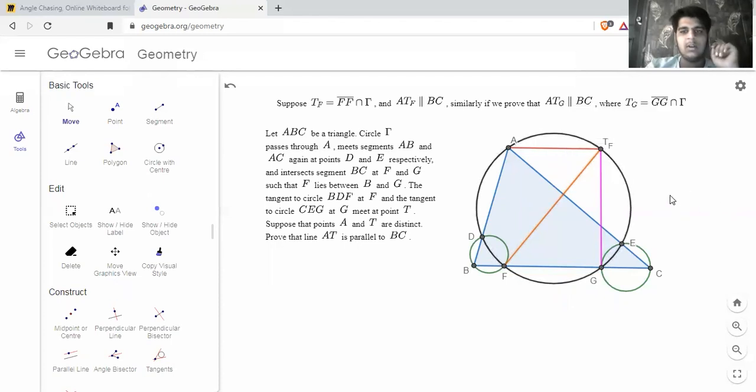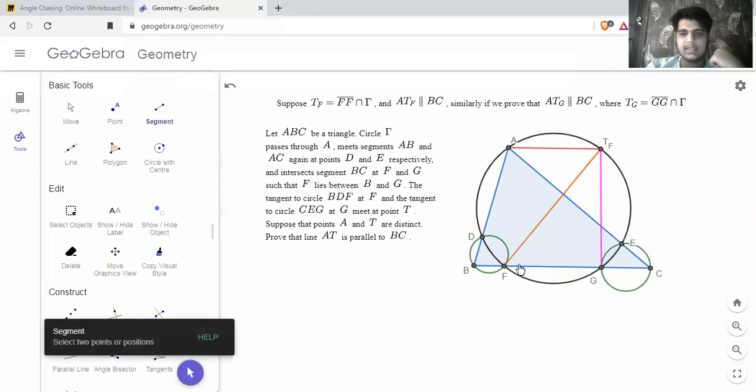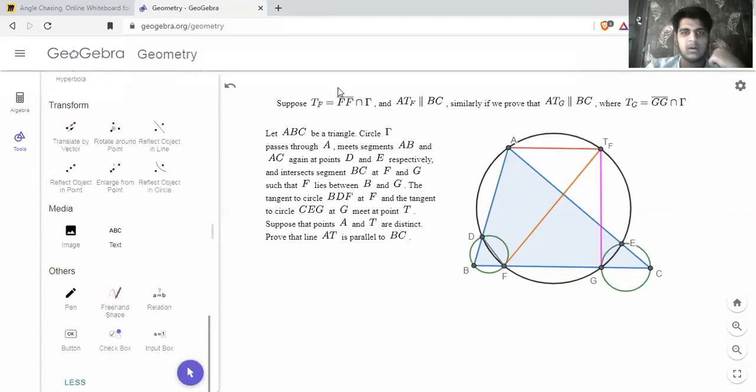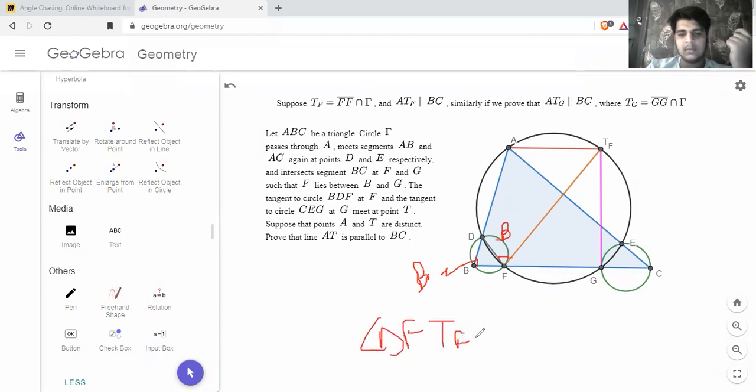So first of all, we do some angle chasing. Note that if I call this angle B, then since FTF is tangent, this should also be angle B, because by the alternate segment theorem, angle BFTF is equal to angle DBF.